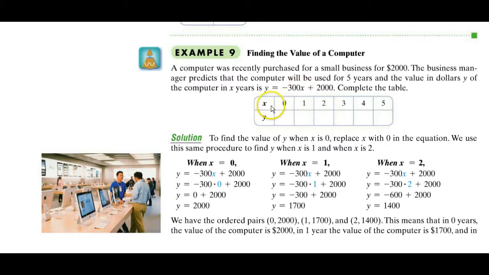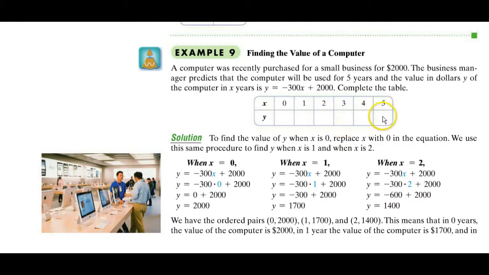So when you start, that's a brand new computer, this is going to be, as they give you down here, 2000. When it's 1 year old, the X is 1. That becomes a negative 300. That's 1700. When it's 2 years old, then the X is a 2. That becomes a negative 600. This is 1400, and so on.